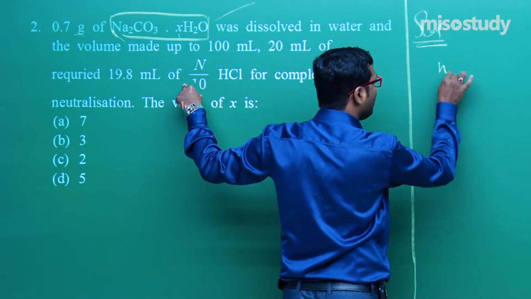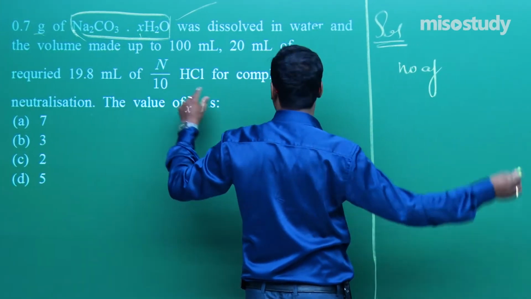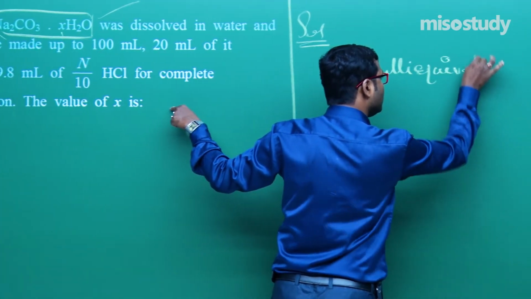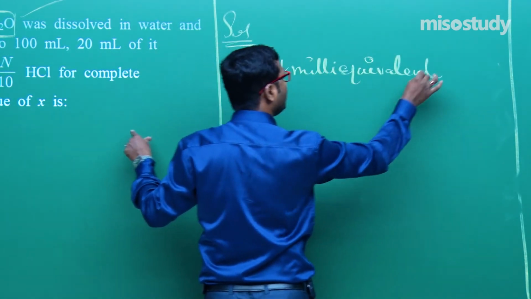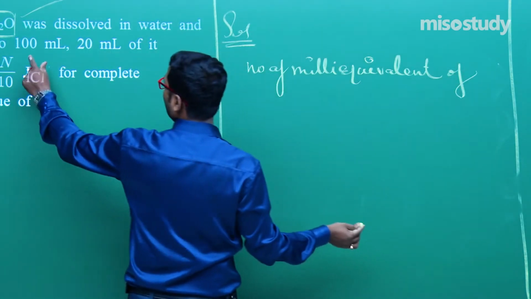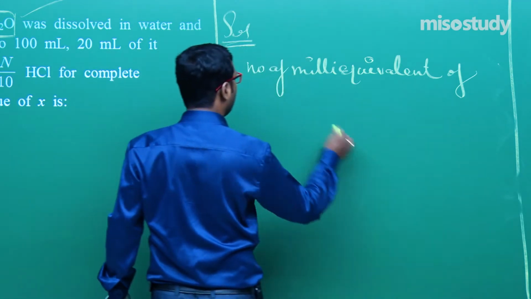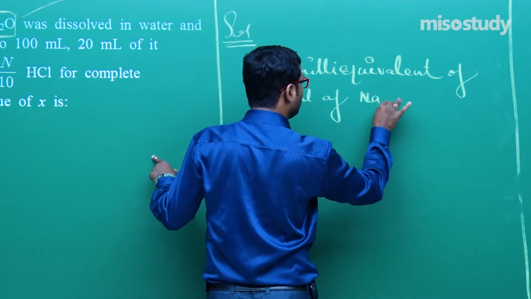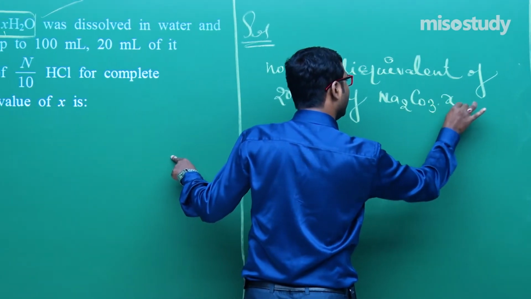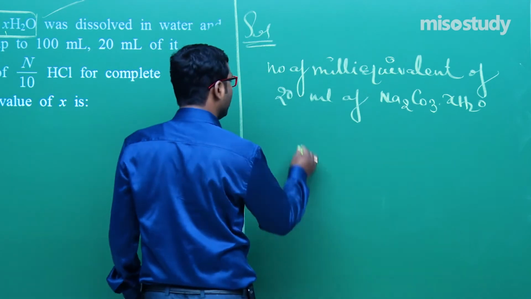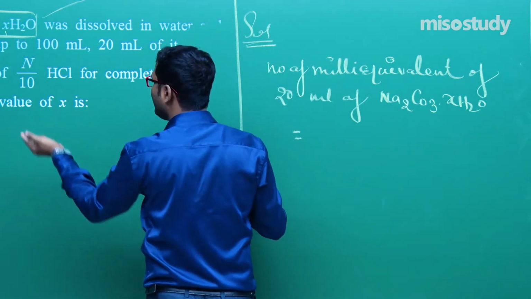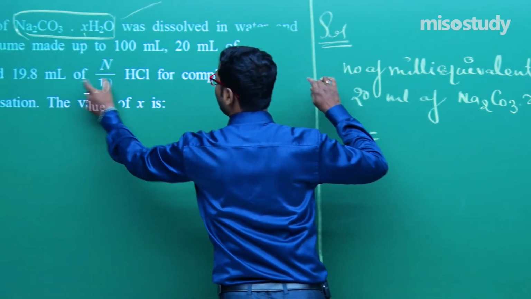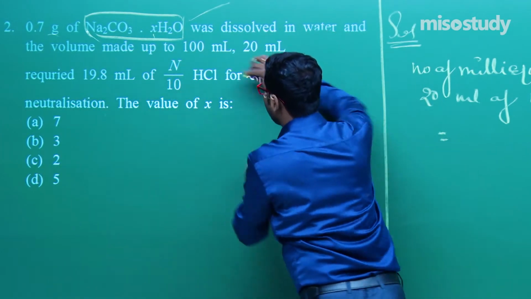The number of milli equivalents of 20 ml of Na2CO3 into XH2O is equal to, what will be the value here? 19.8 ml of N by 10.